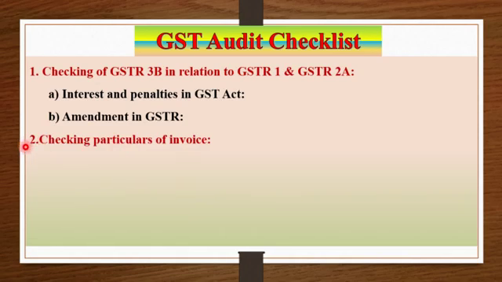It is very clear that there are specific rules related to details in the invoices. If the format of the invoices varies, he would advise the management to amend the invoice and include the requirements of the GST rules.